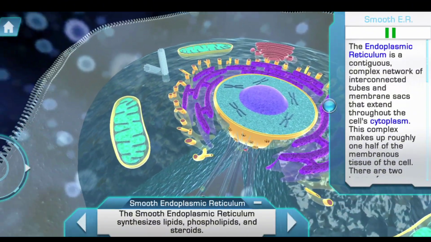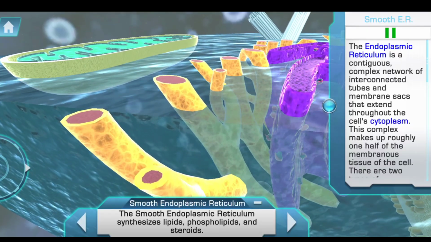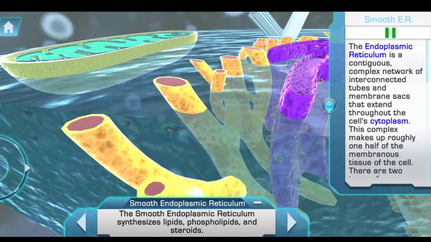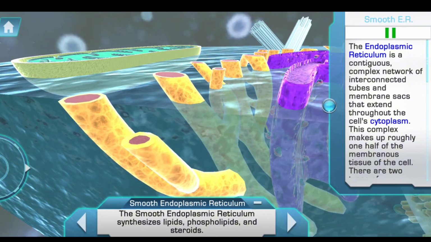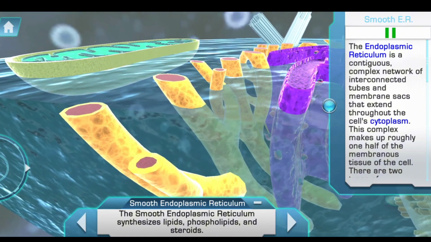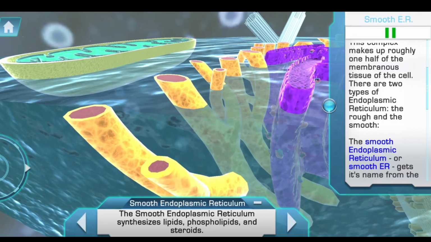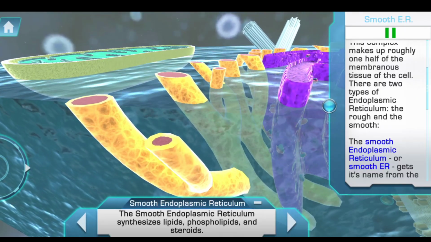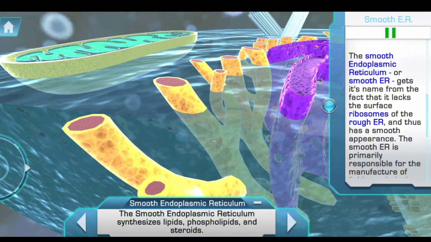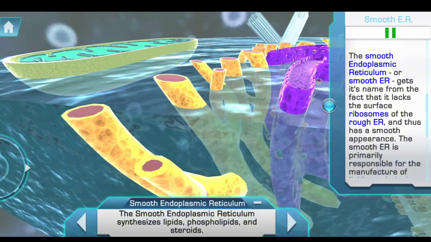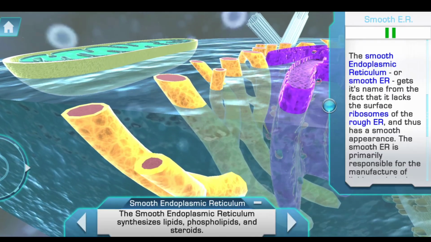The endoplasmic reticulum is a contiguous complex network of interconnected tubes and membrane sacs that extend through the cell's cytoplasm. This complex makes up roughly 1/2 of the membranous tissue of the cell. There are two types of endoplasmic reticulum, the rough and the smooth. The smooth endoplasmic reticulum, or smooth ER, gets its name from the fact that it lacks the surface ribosomes of the rough ER, and thus has a smooth appearance.